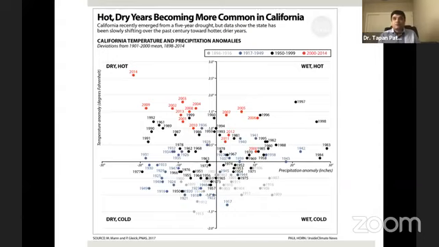Starting from 2012, California had an exceptional drought that lasted until 2017 or so, and many of those years are part of that dry hot category in this figure.